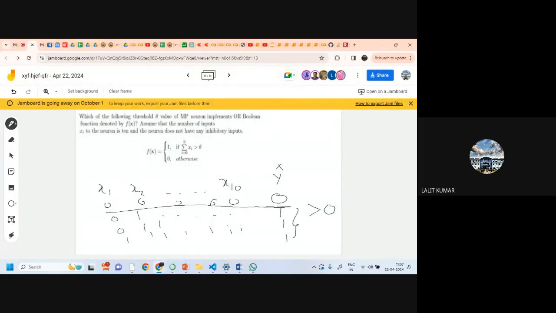If this question would have been AND, for example, then what is the answer? 9, 10. 10, 10. It starts from 0. Why? Because it is greater than. Greater than 9, no? Greater than 9 is 10 only.